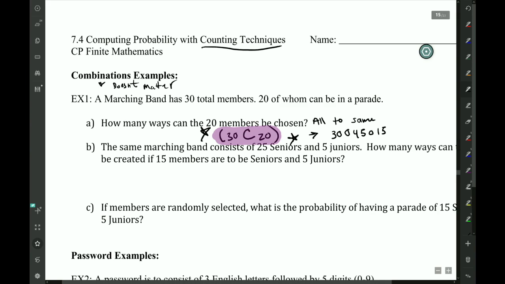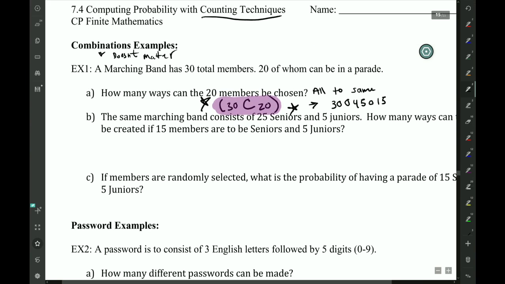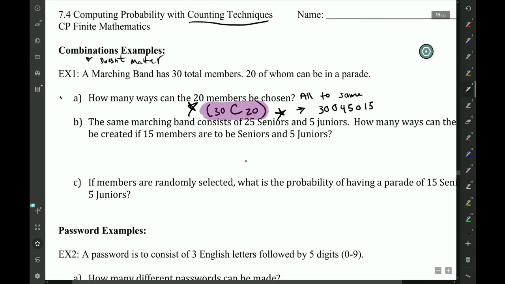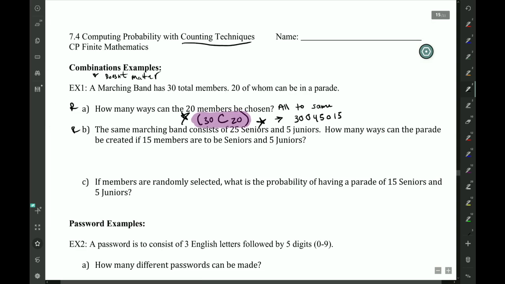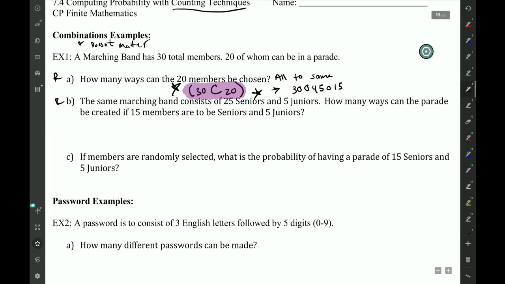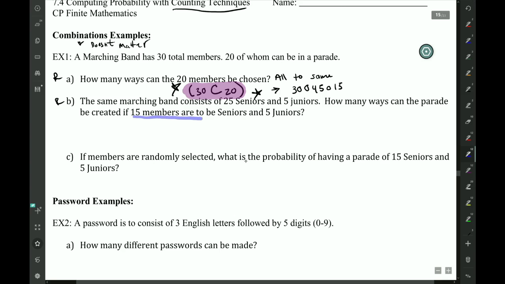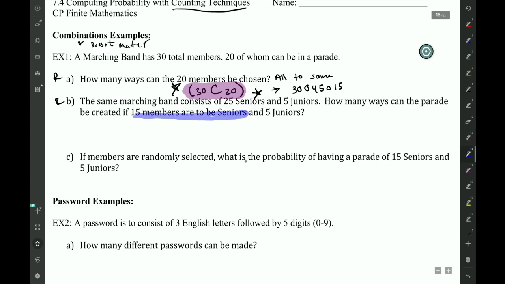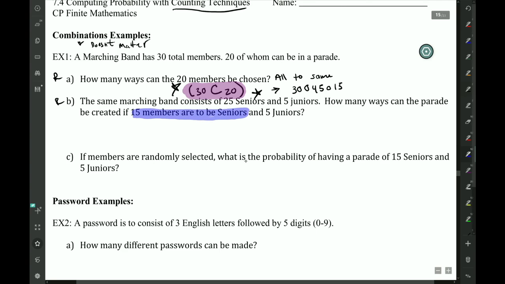The same marching band consists of 25 seniors and 5 juniors. We're still counting. This is all review. How many ways can the parade be created? 15 members are to be seniors, 5 are to be juniors. How many ways can I choose my seniors?